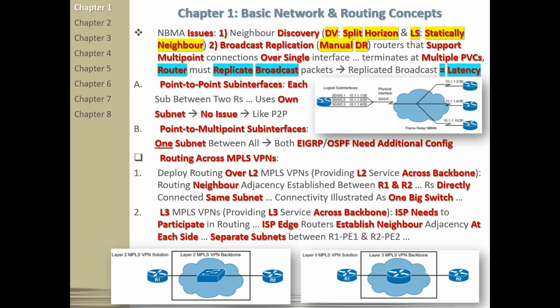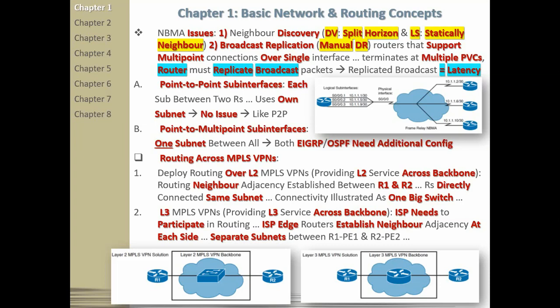That's why the connectivity of the ISP cloud or the backbone of the network here is illustrated as one big switch. What R1 and R2 see in the middle is in fact one big switch. That's why they are both on the same subnet, and they can get directly connected as routing neighbors.